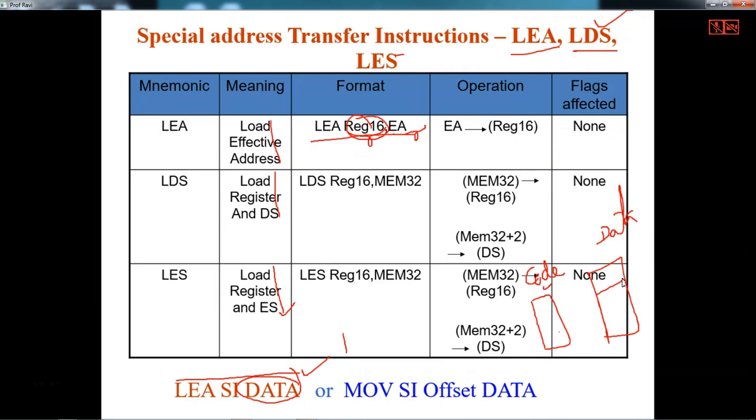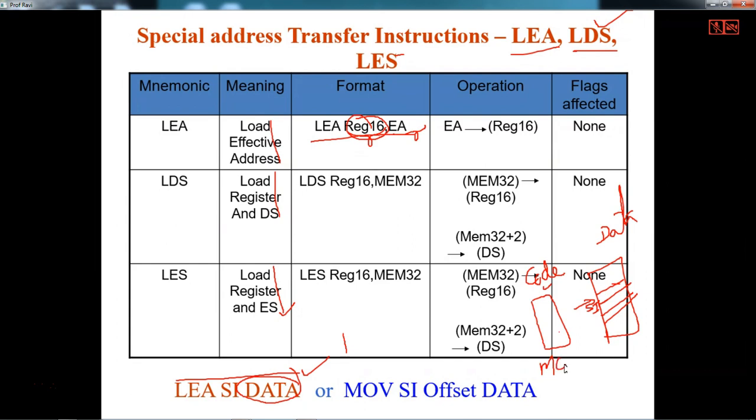Now some data you have to copy, or you have to work on some operands. So what we do is point out this memory location by using SI.